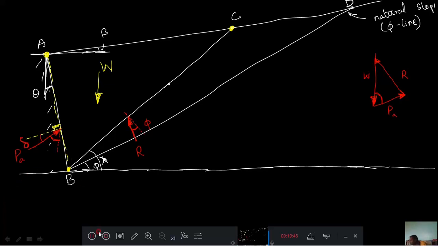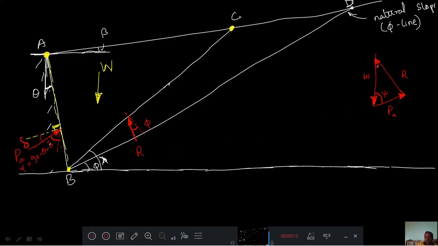Any idea? Think. This is delta and this is theta. Therefore, this is 90 minus theta. Simply, we will call it psi, a new angle I am introducing. Psi equals 90 minus theta minus delta. Then I will write this one as the psi angle.